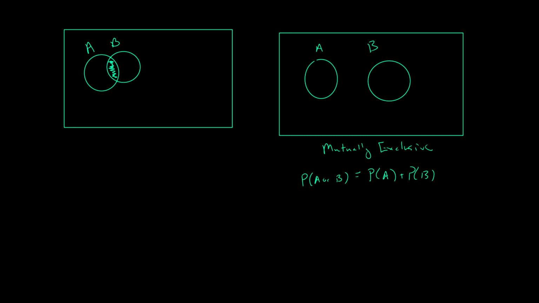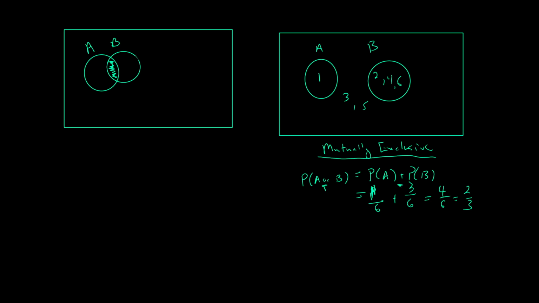I want the probability of rolling a 1 or the probability of rolling an even number. The probability of rolling a 1 is 1 in 6, and the probability of rolling an even is 3 in 6. So I get 4 in 6, or 2/3 probability. If I added up everything in here, 1, 2, 3, 4, I have 4 out of my 6 options. We call these mutually exclusive probabilities, and on an OR, they add.